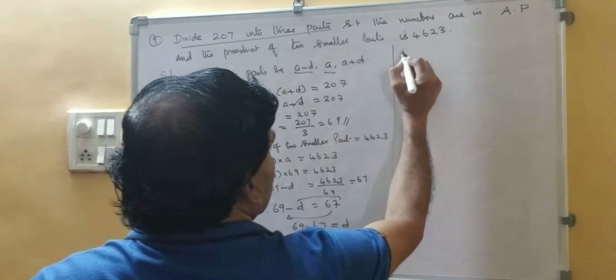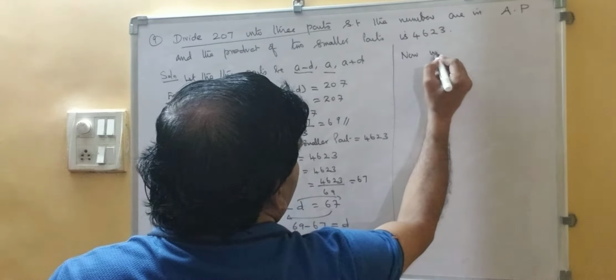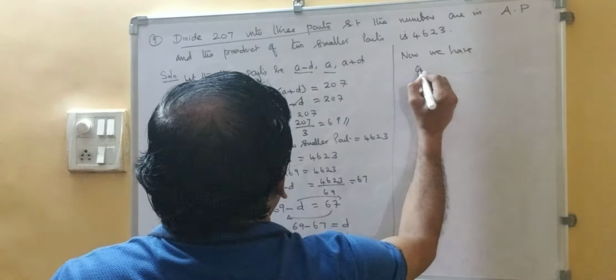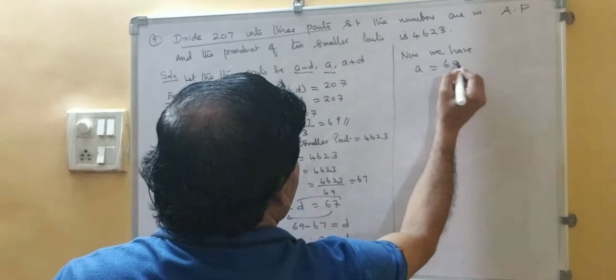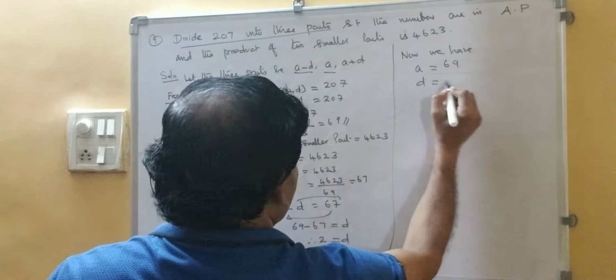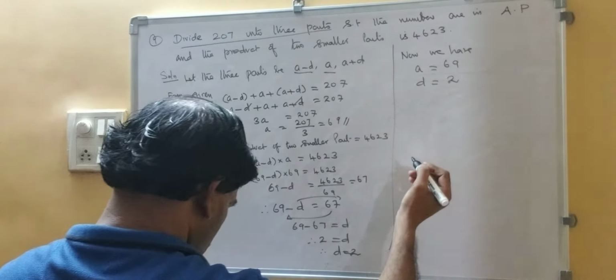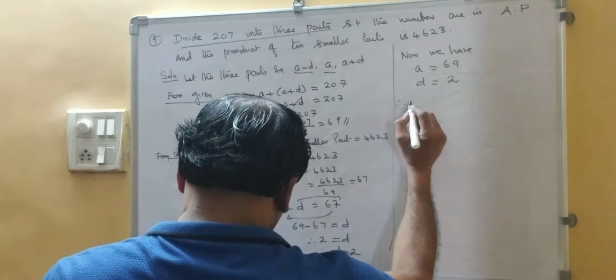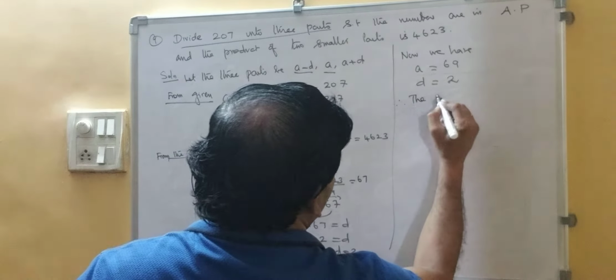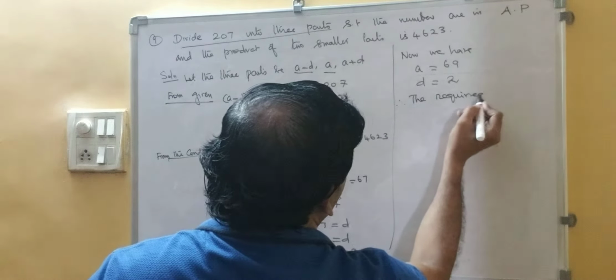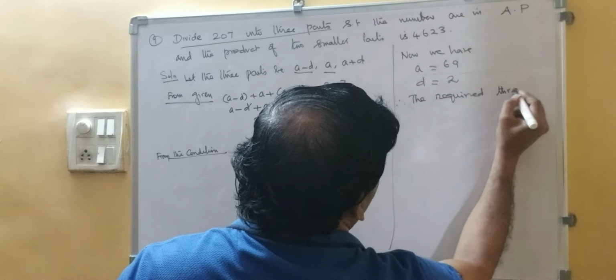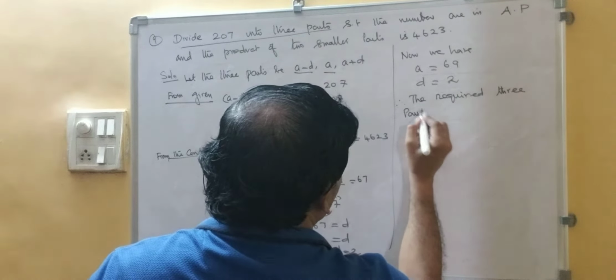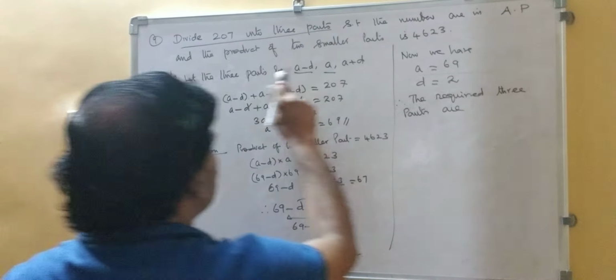Okay. Now, we have got the common difference D. Now, we have A equal to 69 and D equal to 2. Therefore, the required 3 parts are, what we assumed?